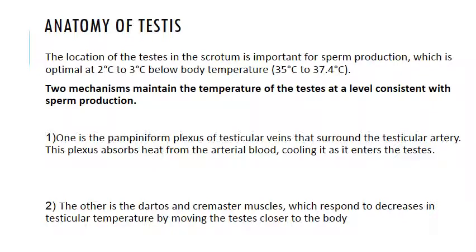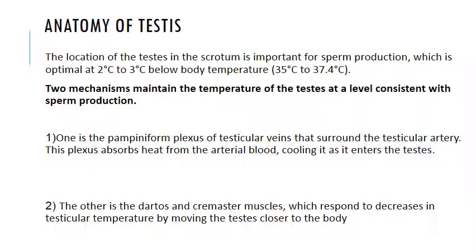The location of testis in scrotum is very important for normal sperm production because it presents an optimal temperature of 2 to 3 degrees below the body temperature, that is 35 to 37.4 degrees.